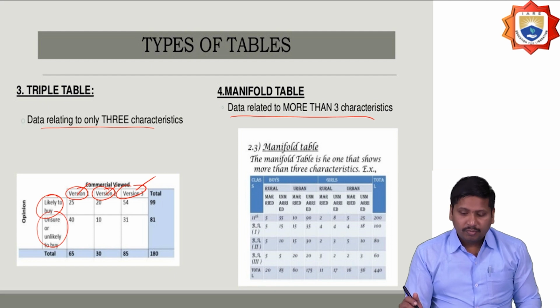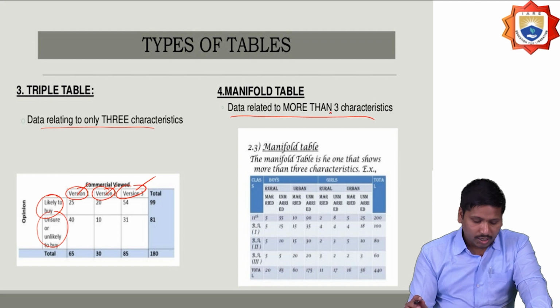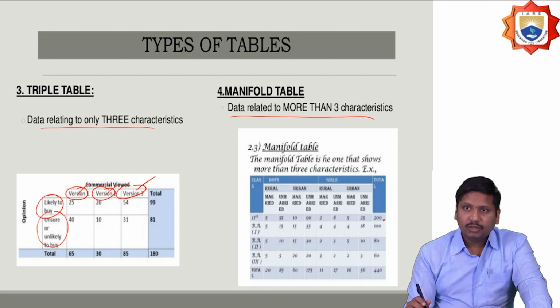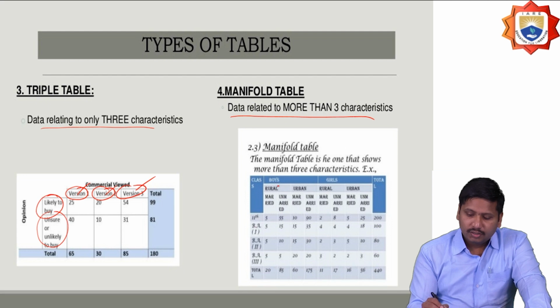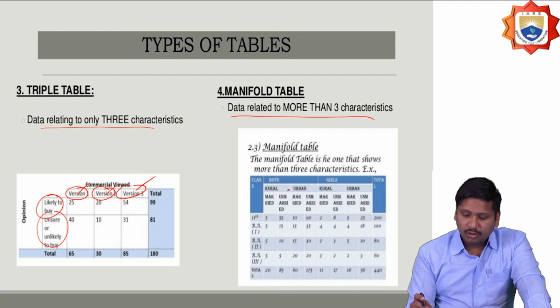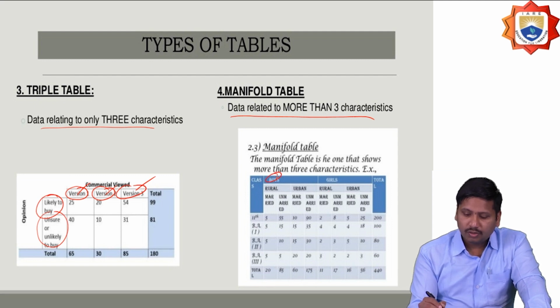And next one is the manifold table. So the data is related to more than three characteristics. So then it should be a manifold table. So manifold means where I'm going to consider more than three characteristics. So suppose I'm going to consider the boys. How many boys are married, unmarried.